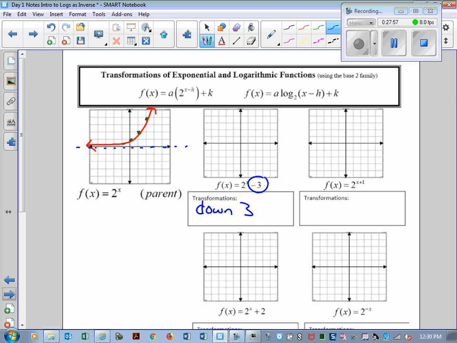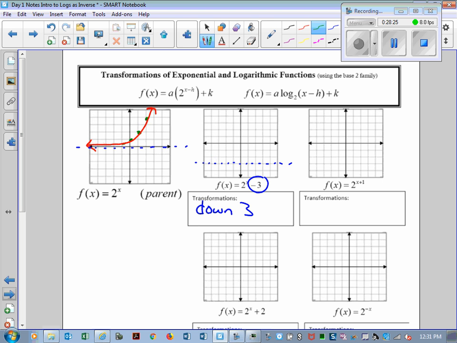The first thing I recommend you do, and this goes back to your question earlier, is move your asymptote. Okay? So the first thing I would do is take my asymptote from the x-axis and move it down 3. So I got my asymptote set. Okay? And then you have choices.